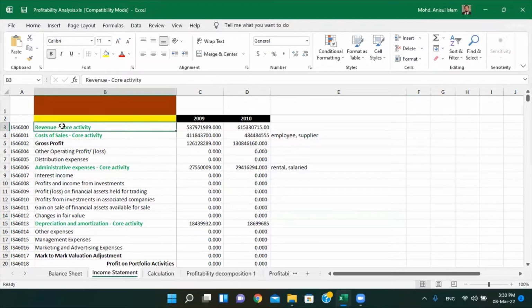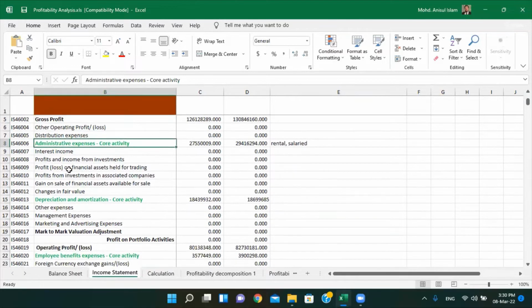We have termed this as a core activity, so it's a part of operating income from sales. Similarly, the cost of sales is part of the operating income from sales. Same for administrative expenses, same for depreciation and amortization. These are part of my operating income from sales.